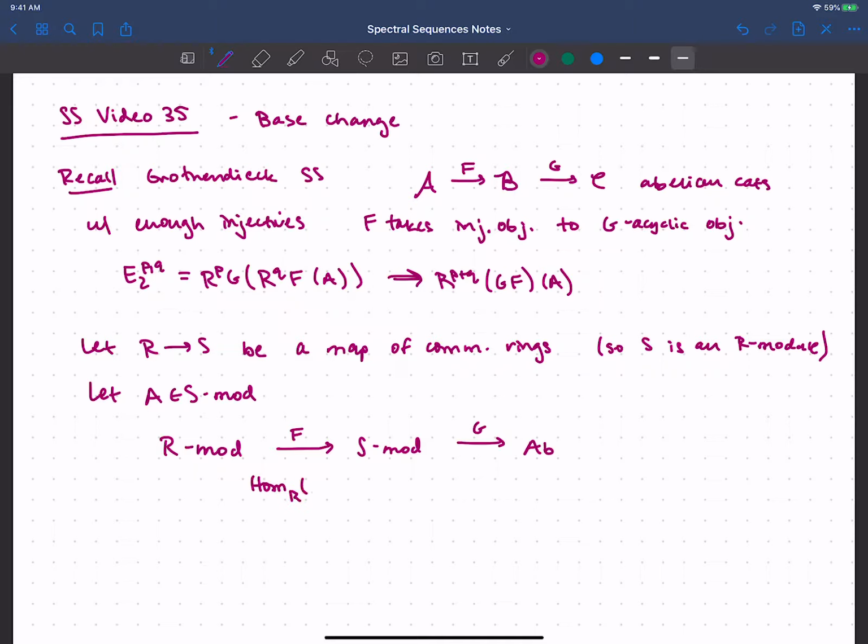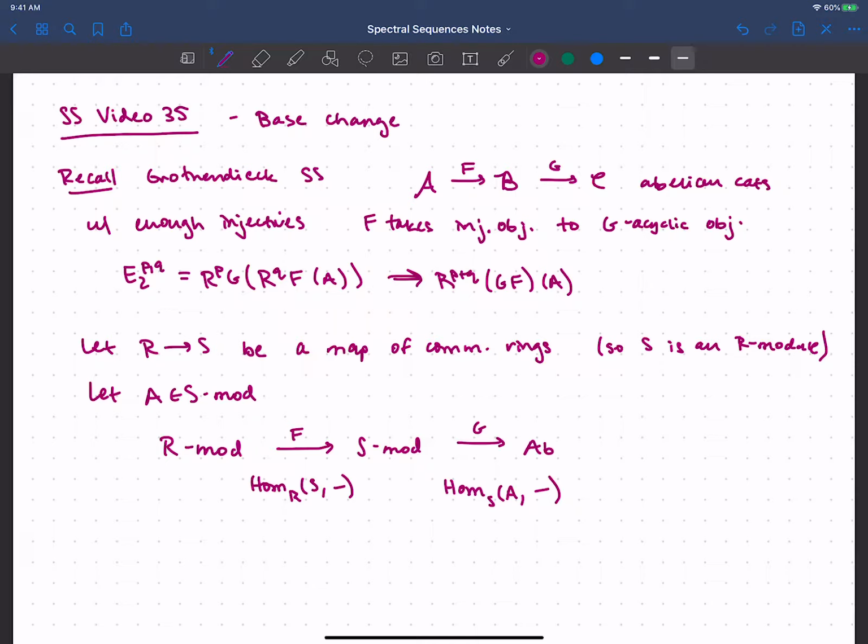Well, I'm going to take F to be R-linear Homs from S to something. Again, I'm implicitly using that S is an R module and not really referring to the map. And then for G, I'm going to take S-linear Homs from this S module A to something.